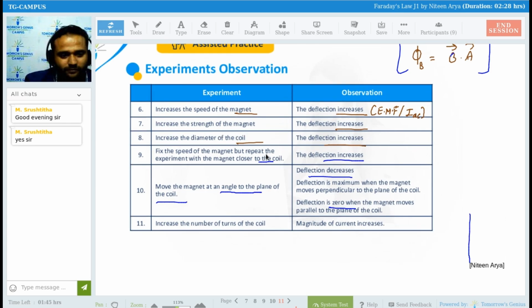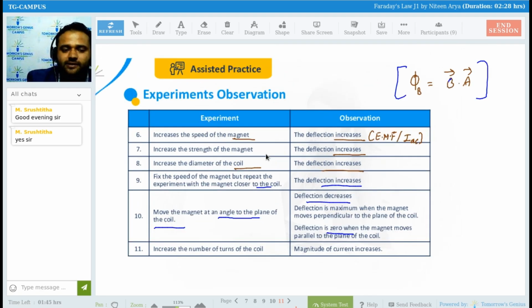See, if perpendicular, exactly 90 degree angle, I already stated that. The moment I write this, magnetic flux and this deflection is zero, so automatically you get phi B equals B A cos theta.